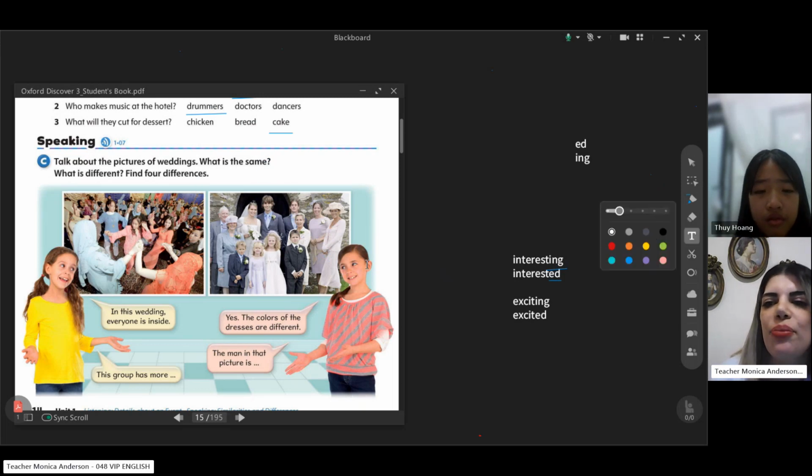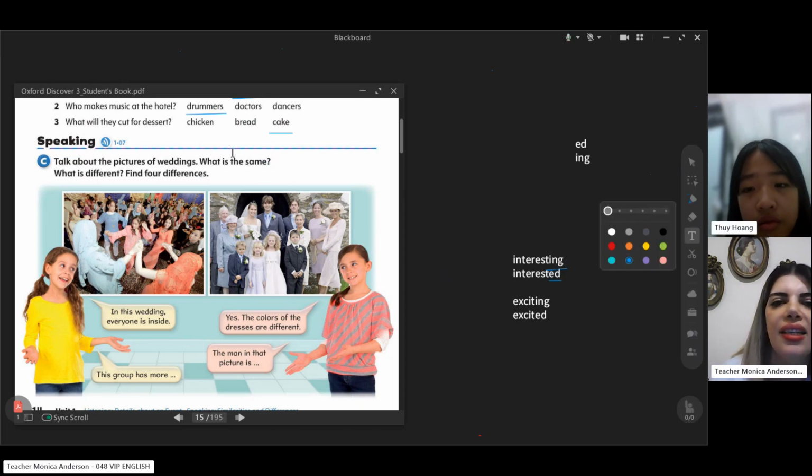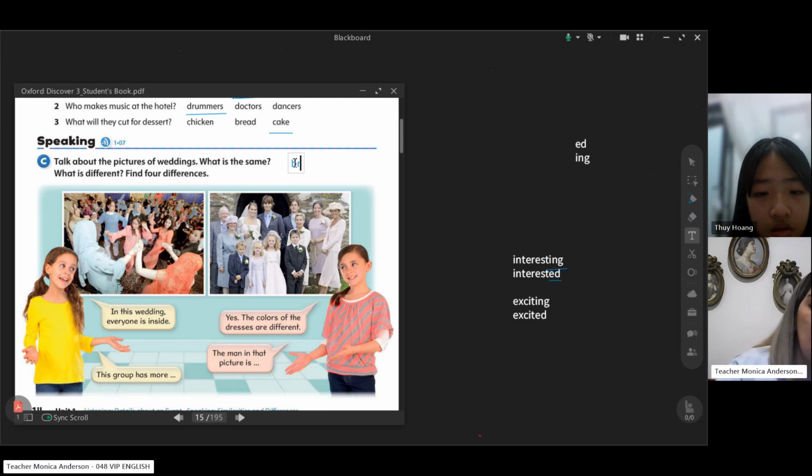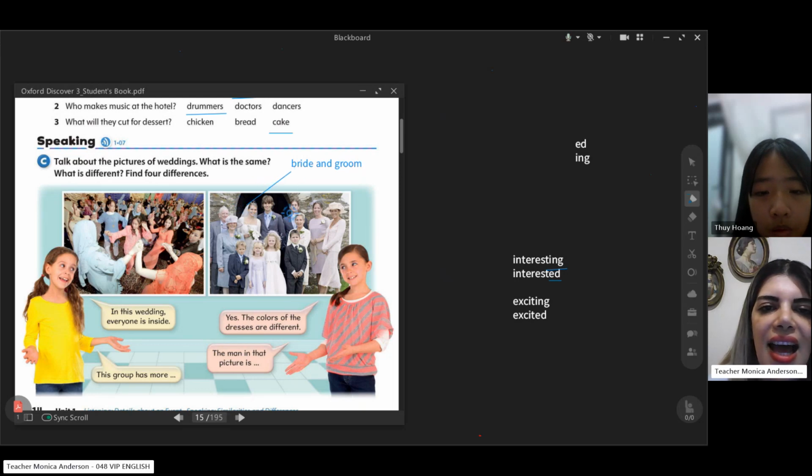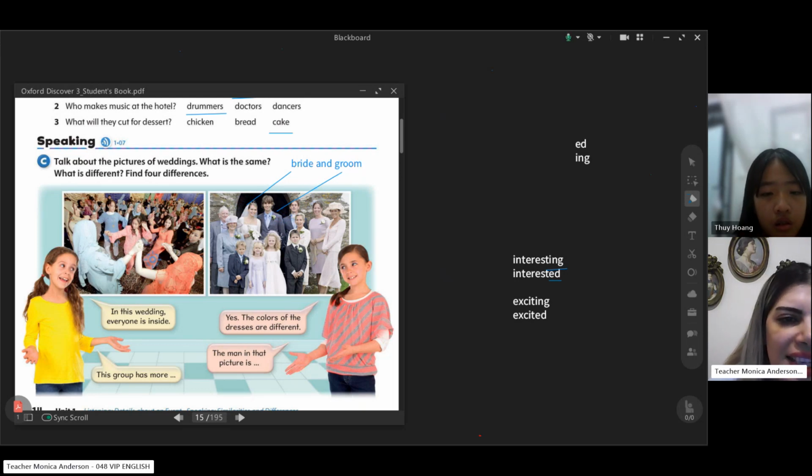Look, we have bride and groom in this photo. So let me show you. Bride and groom. But in this photo, we can't see the groom.